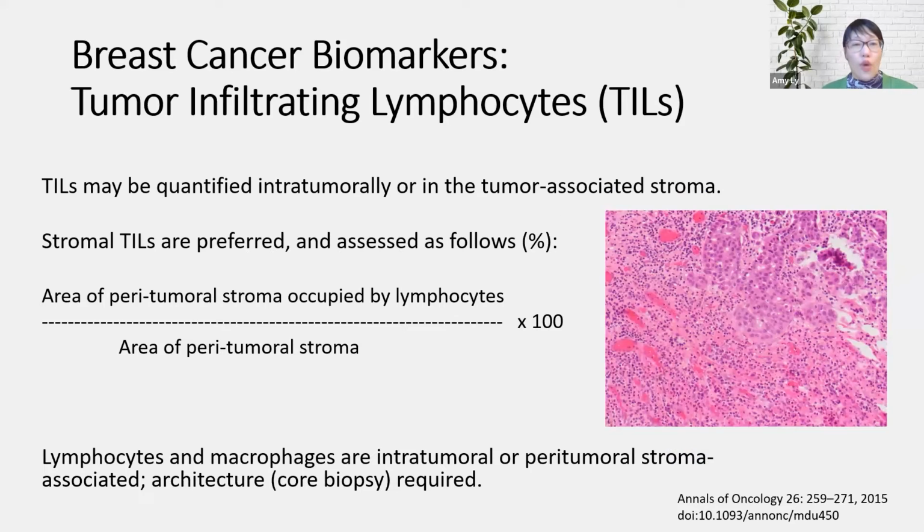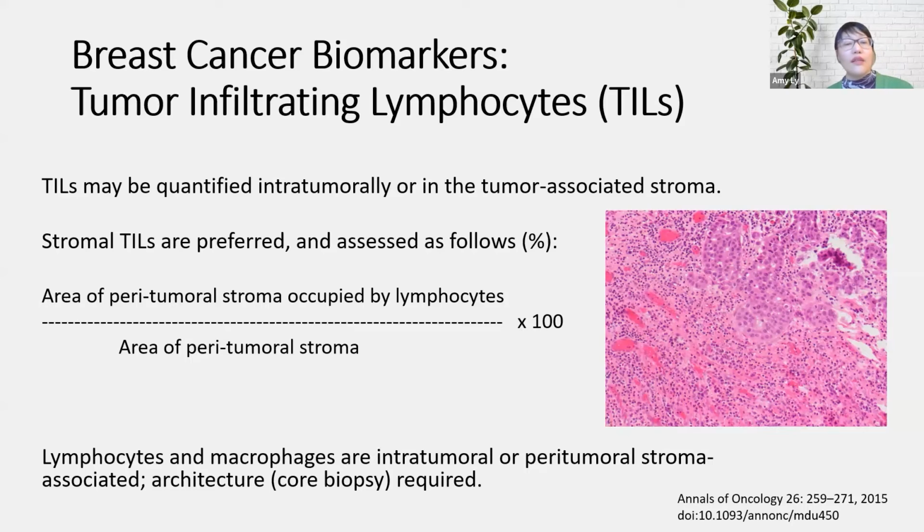So TILs are quantified either intratumorally or in the tumor-associated stroma. And right now, stromal TILs are preferred, and they're assessed as a percentage. So it's the area of peritumoral stroma occupied by lymphocytes over the area of peritumoral stroma.